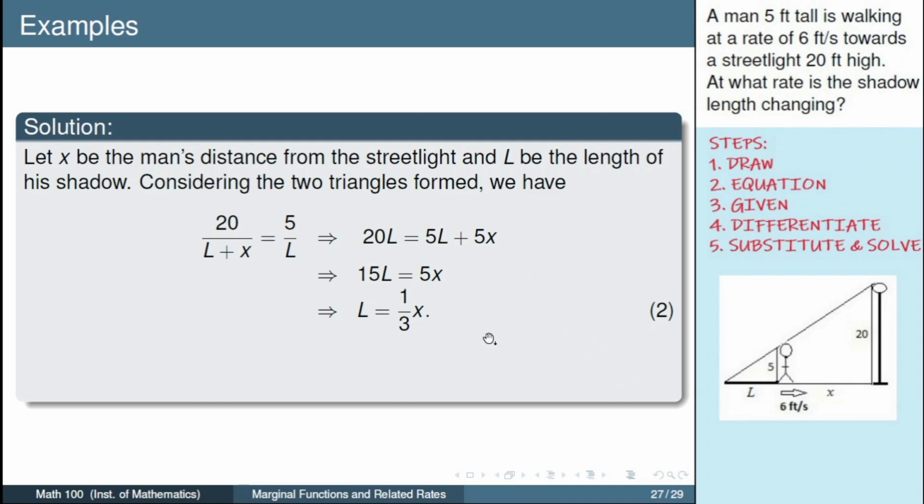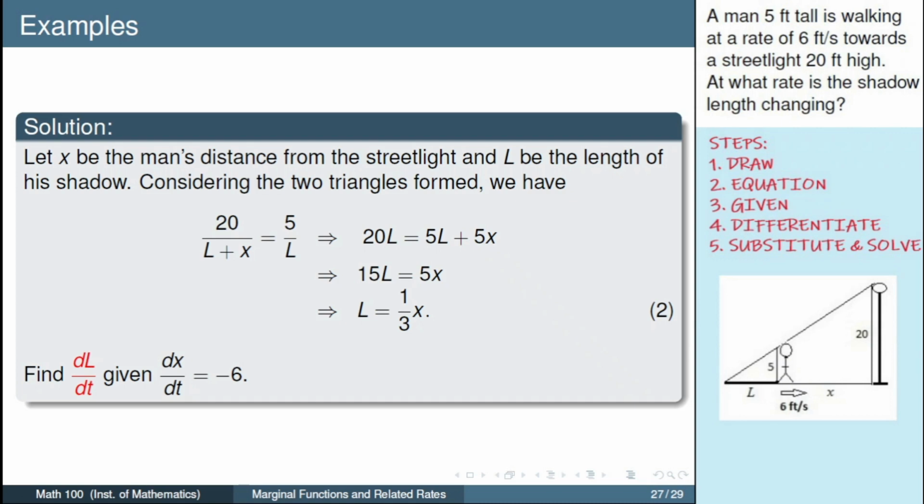Next are the givens. We are asked first to find the rate of change of the length of the shadow. So, that's dL over dt. Then, we are given the quantity dx over dt equals -6.